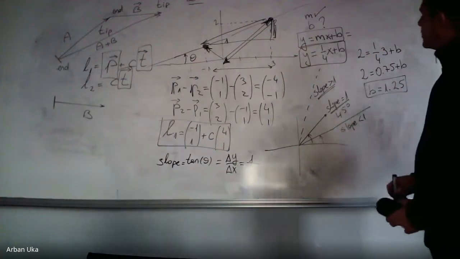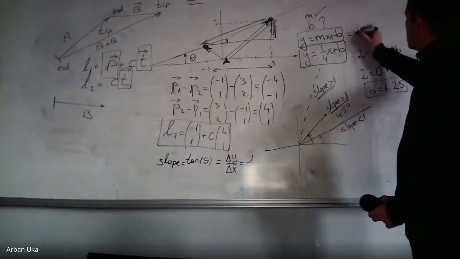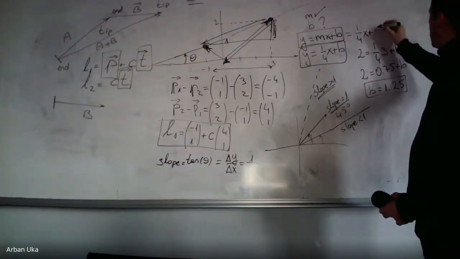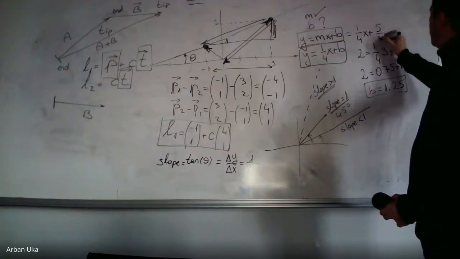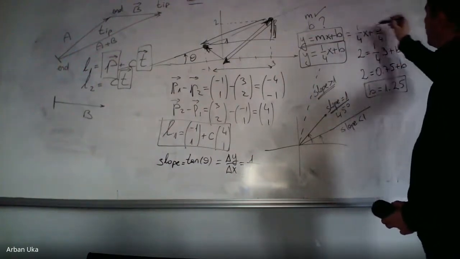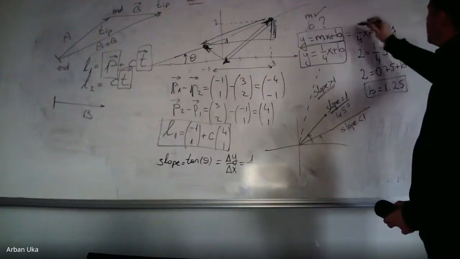So the complete equation is going to be the following. This is 1 over 4 x plus 5 over 4. Is it correct? Yeah, this is equal to y.